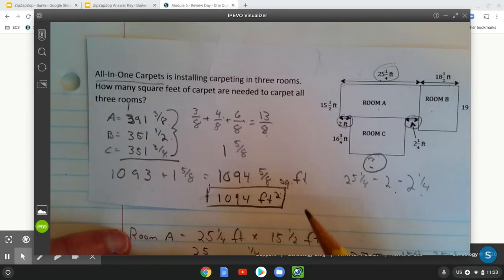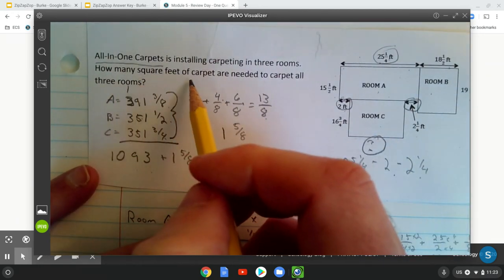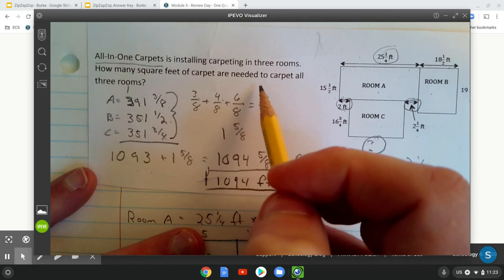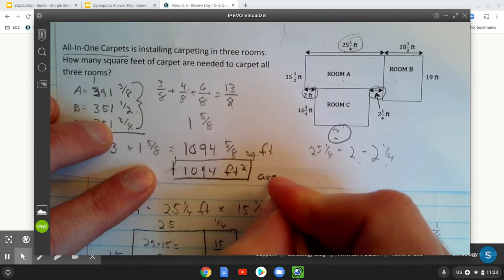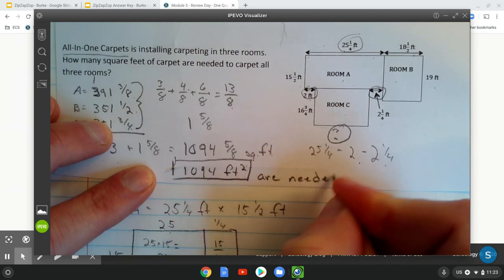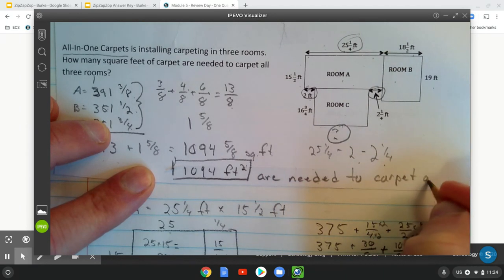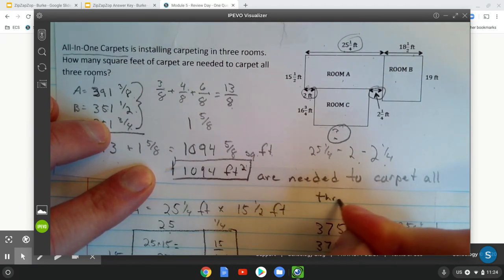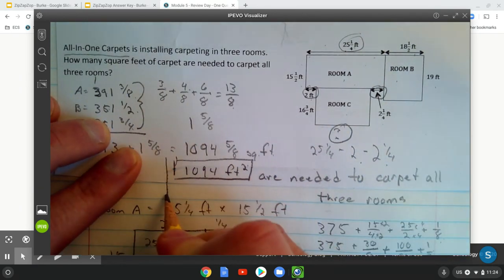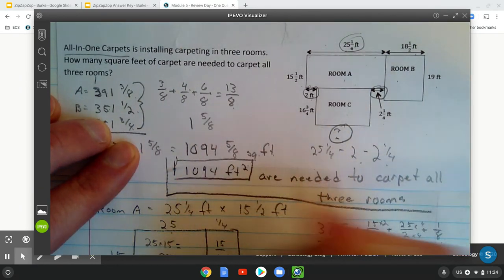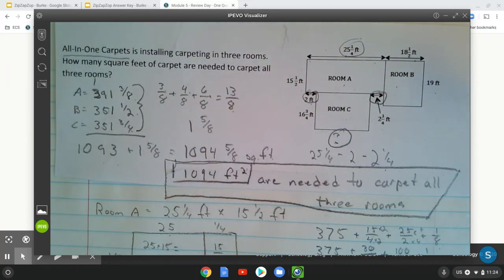If we really consider RDW, how many square feet of carpet are needed to carpet all three rooms? 1094 square feet are needed to carpet all three rooms. Maybe that's the complete and best answer. Good. Very cool.